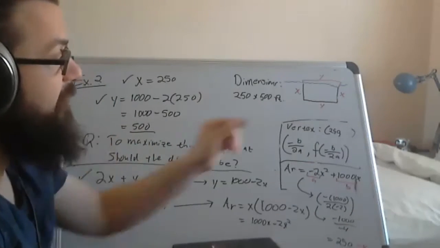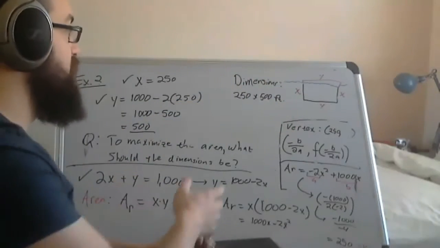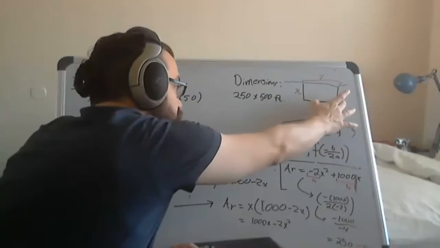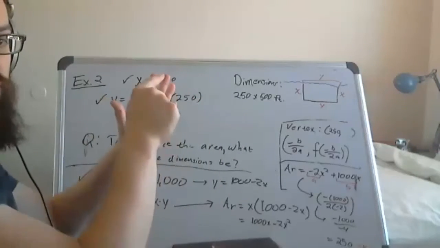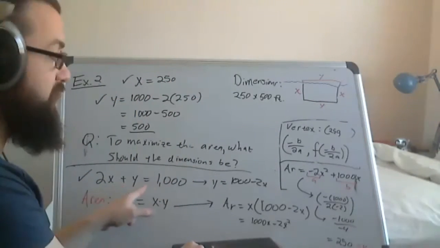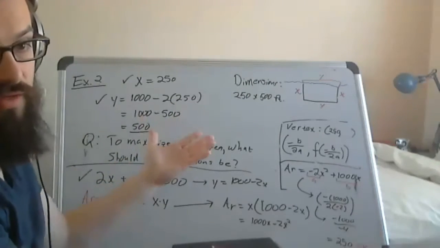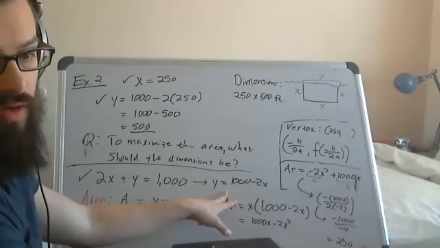We do need to care about these 3 sides, so those are going to be fenced. It's rectangular, so this side and this side is the same. And we need the perimeter of just the 3 sides. So that is 2x plus y equals 1,000 feet of fence, which we could simplify solving for y.